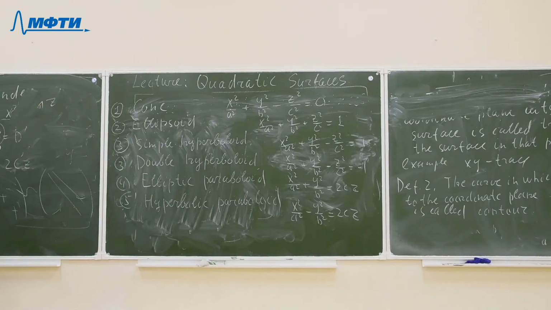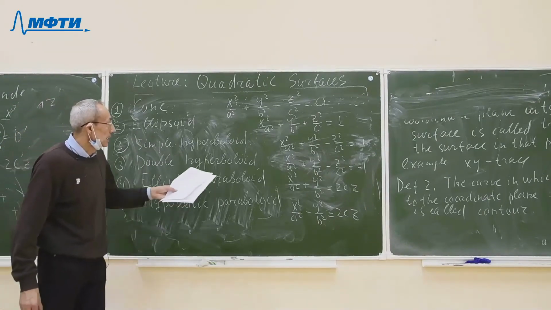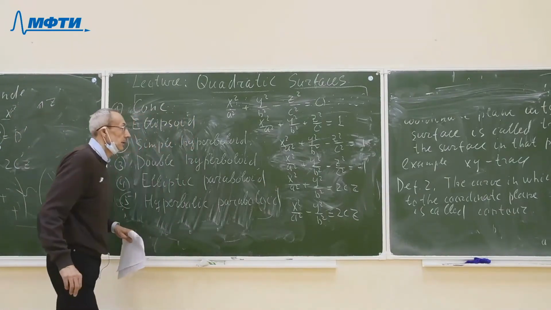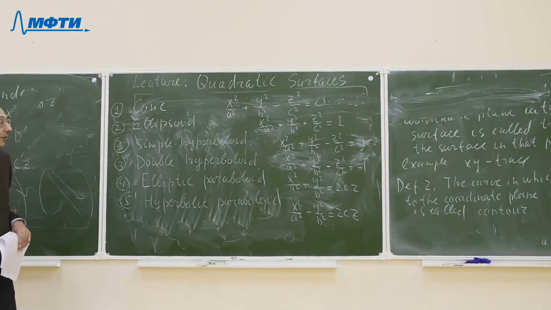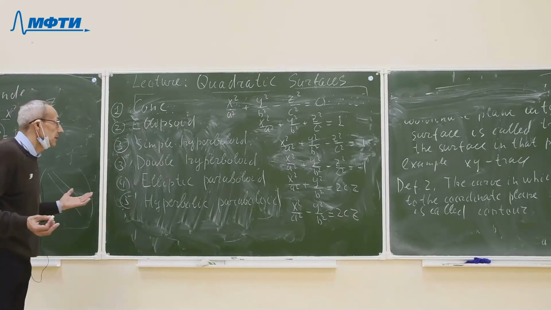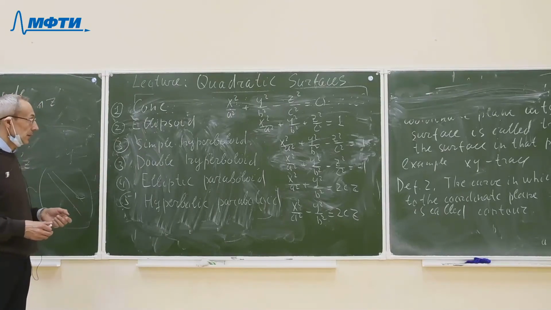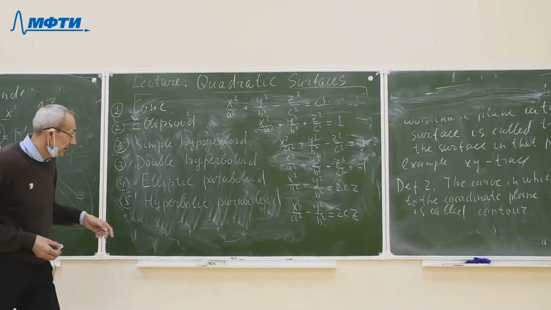We have the following list of the basic surfaces of second order. And on the right hand, we have the canonical equations of these surfaces. Our goal is to understand what form these surfaces have.